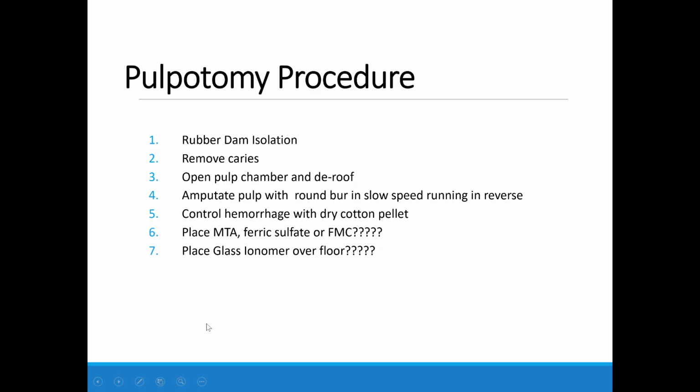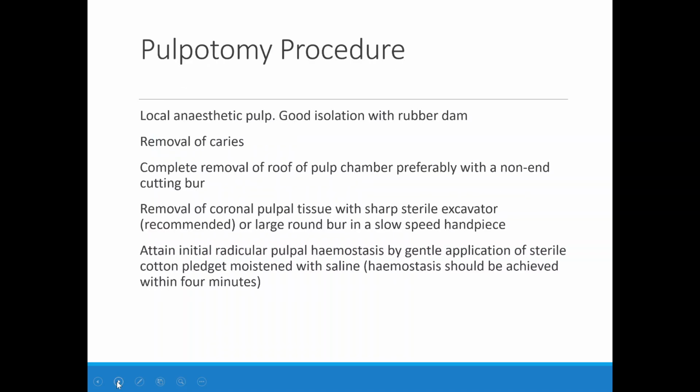So why so many options? Because it depends on the material that we use, and we will have different effects on the remaining pulp. So: local anesthesia, good isolation, removal of the caries, then complete removal of the roof of the pulp chamber, then removal of coronal pulp tissue with a sharp sterile excavator or large round bur in a slow speed handpiece.